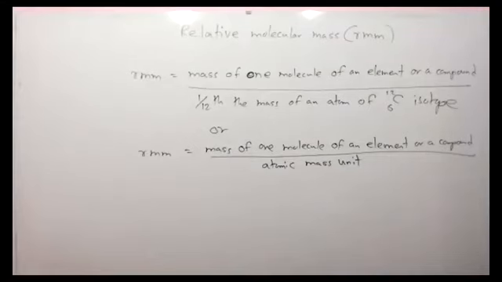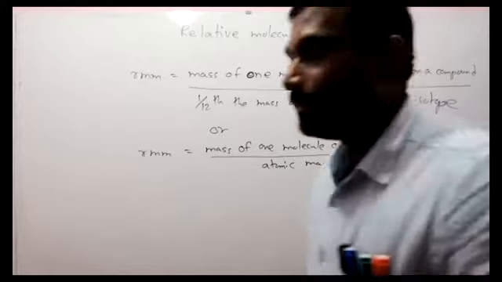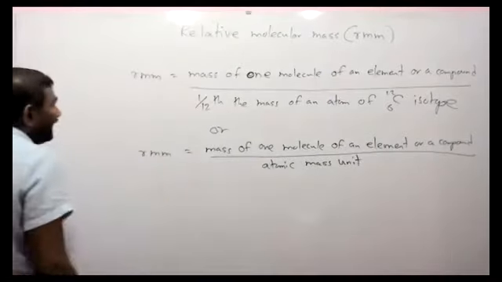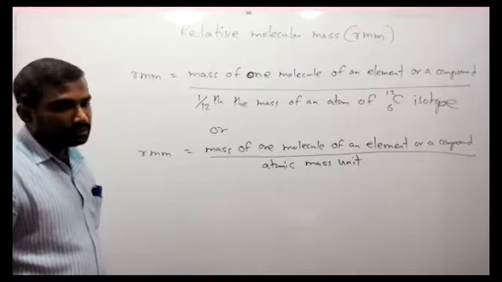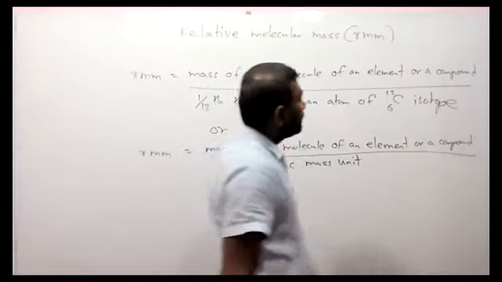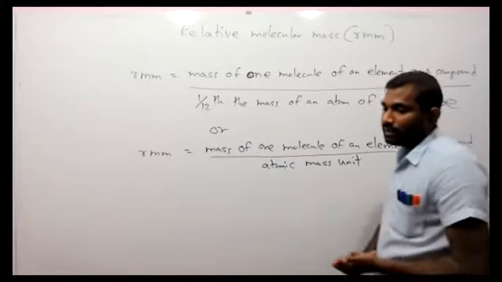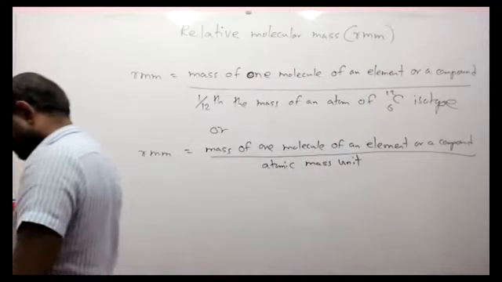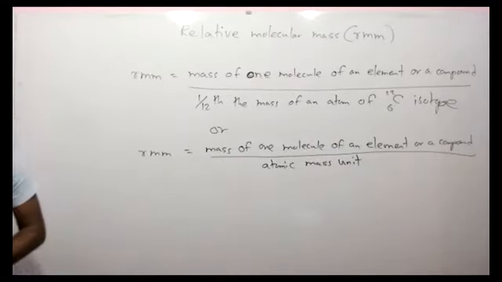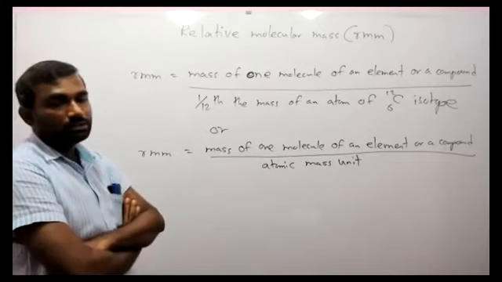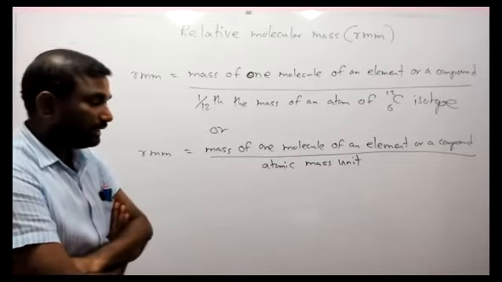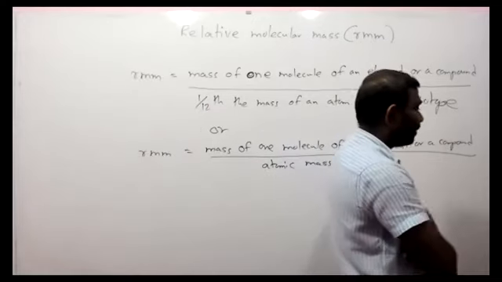Under that you write: the ratio between the mass of one molecule of an element or compound and 1/12 the mass of an atom of carbon-12 isotope is defined as relative molecular mass.